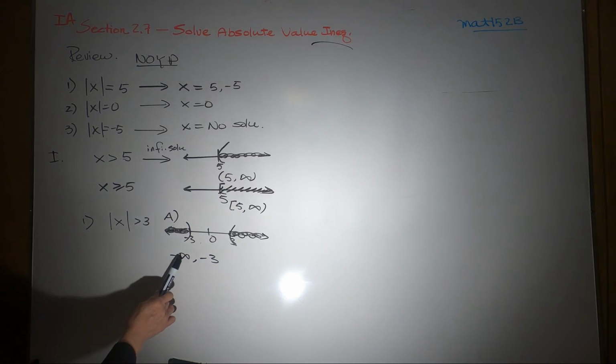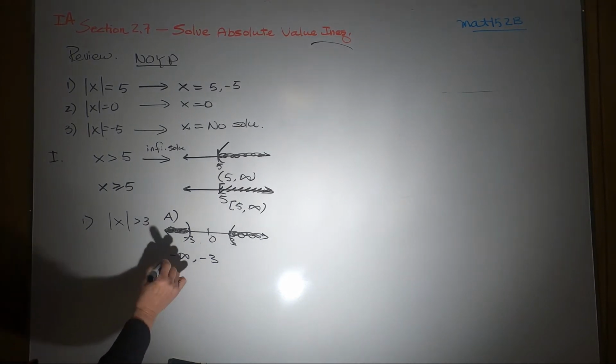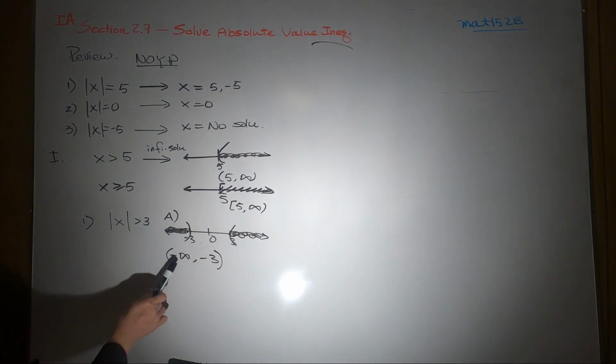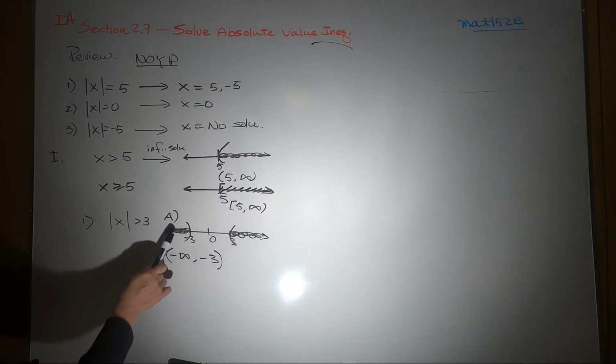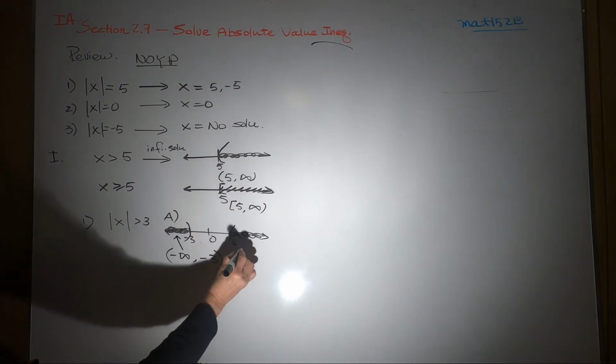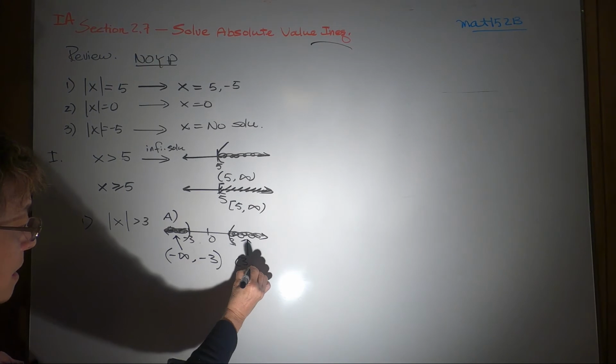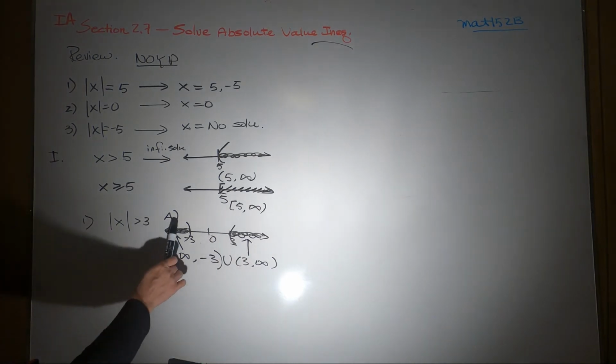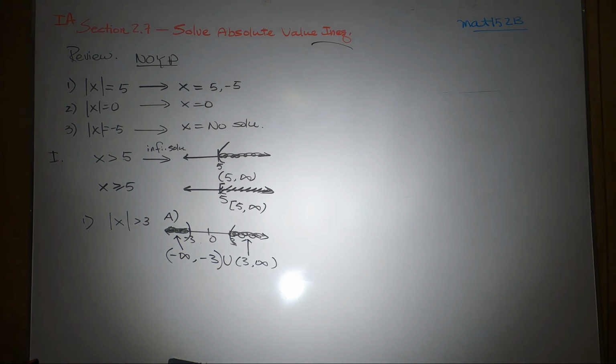So you put negative infinity on the left-hand side, and it doesn't include -3, so you use parentheses. Then for the infinities, you always use parentheses. So this part is this. Then for this part, 3 all the way up to infinity, right? Then for two parts, for one answer, we use the union symbol. So that's how we write your answer.